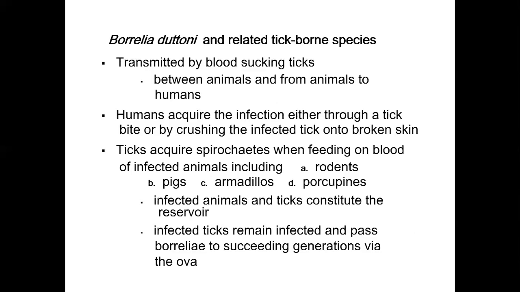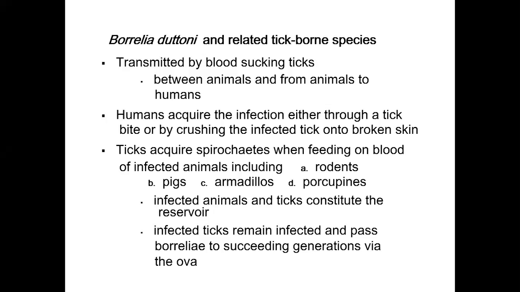Then Borrelia duttonii and the related tick-borne species that cause relapsing fever are transmitted by blood-sucking ticks. And they are transmitted between animals, from one animal to another, and from animals to humans. Humans acquire infection either through a tick bite or by crushing the infected tick onto the skin.